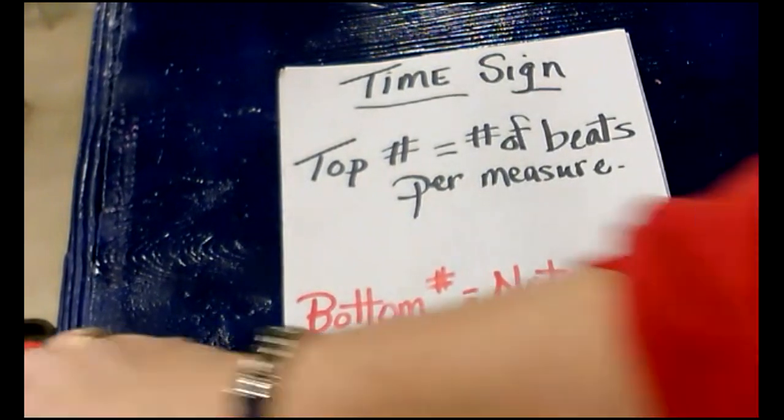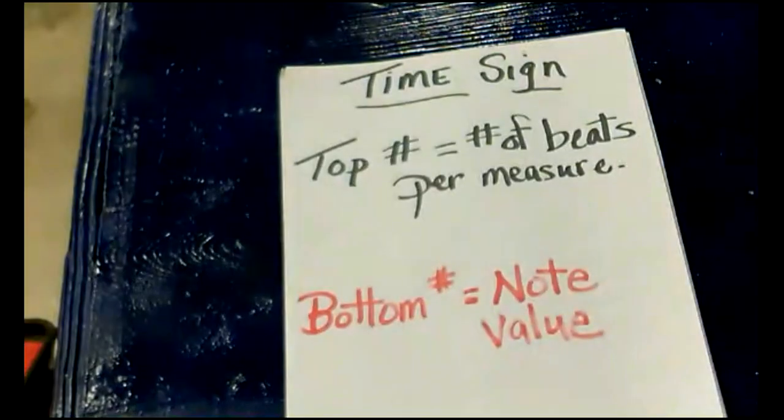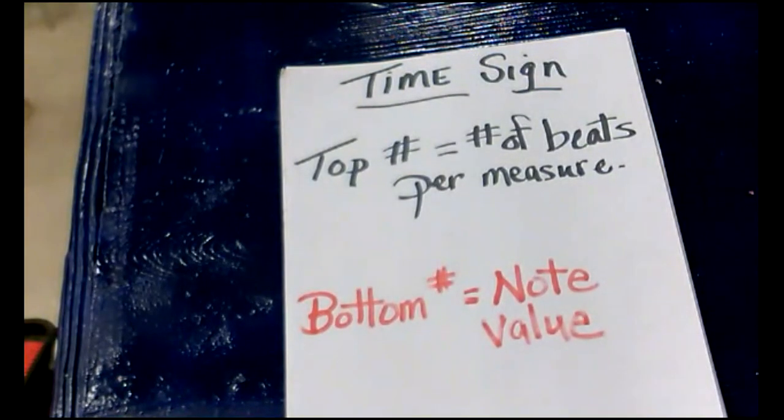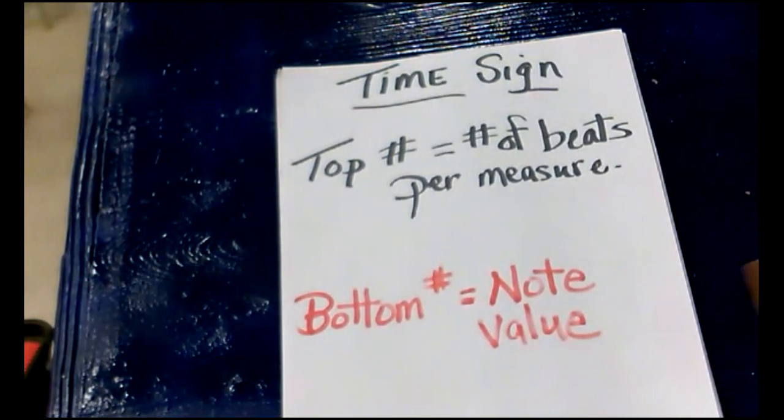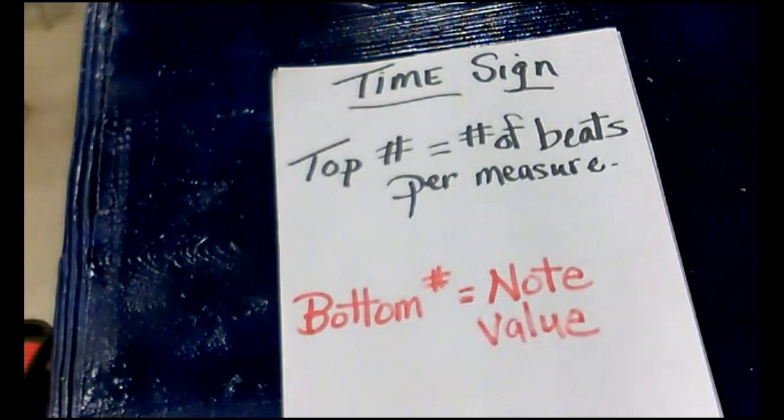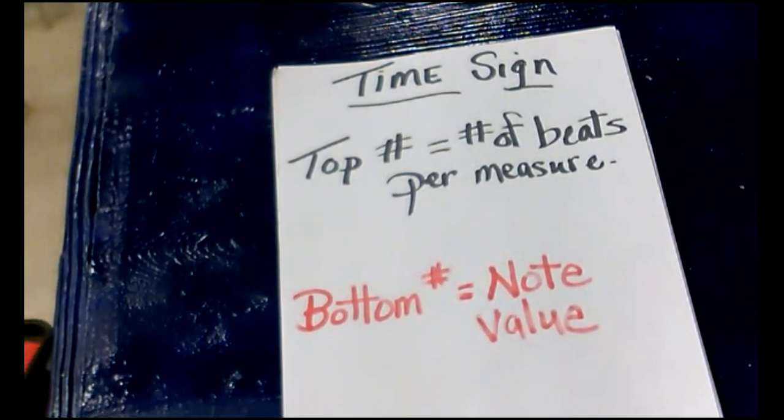Now, when I'm talking about the number of beats, when you hear this, that is a beat. Can it be a pattern? Absolutely, it can be a pattern. But that is our steady beat that's going on, okay?